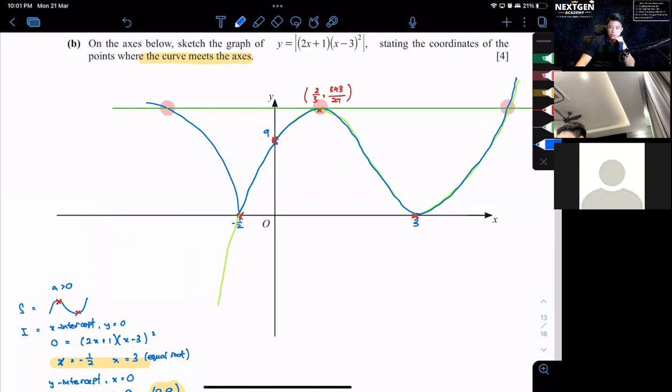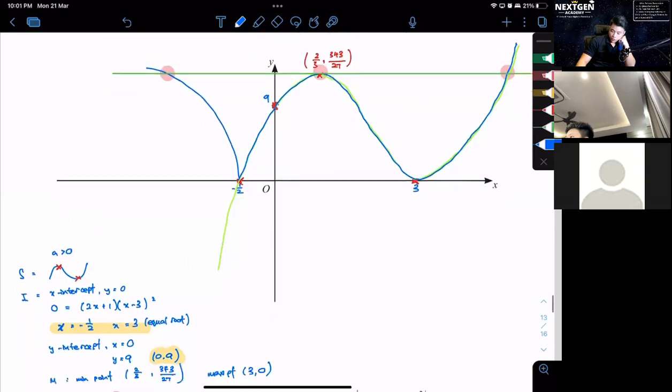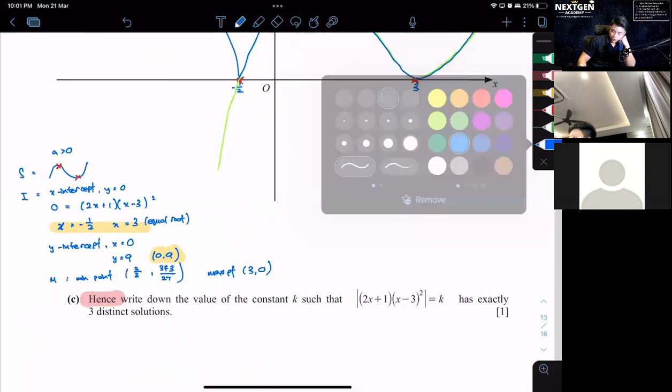So make sure you all understand, even though they don't ask you to find the stationary value or to show the stationary value on your graph, make sure you all know how to actually find this answer and what it actually means also. All right, so what will be the answer? So your k, right? So what is your y value?